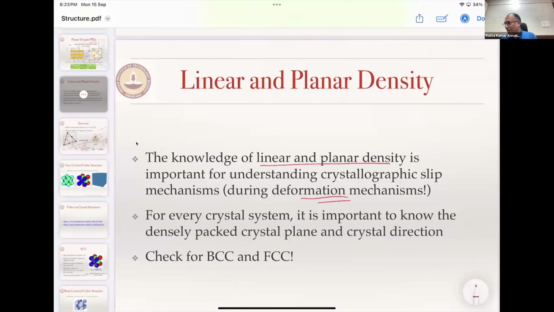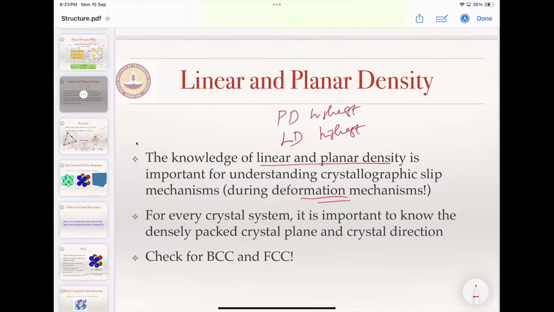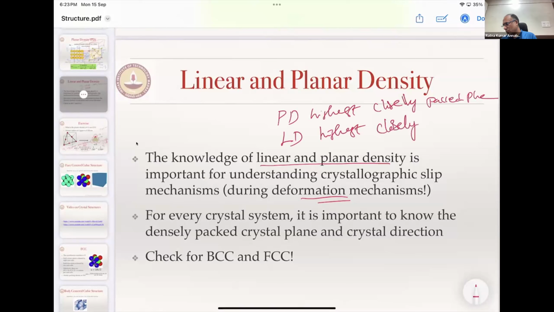When I say most closely packed plane, I am looking for PD highest. And when I say most closely packed direction, I am looking for LD highest. This is my closely packed plane. This is my closely packed direction.